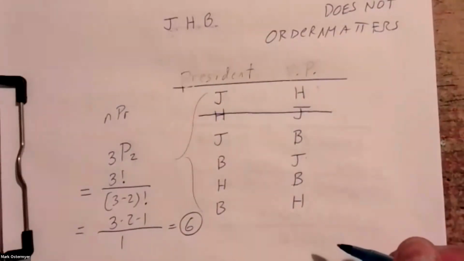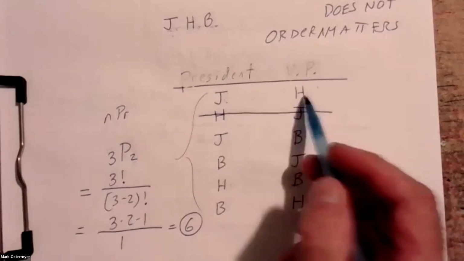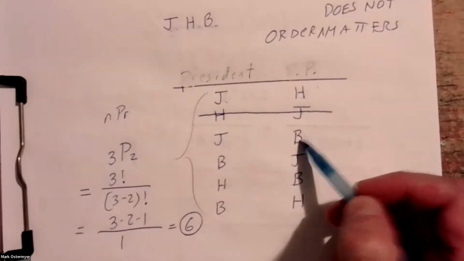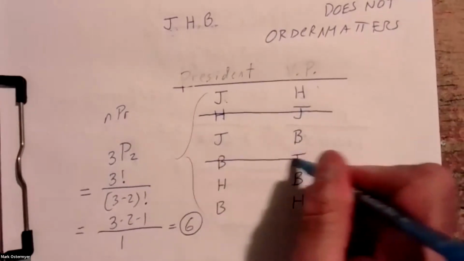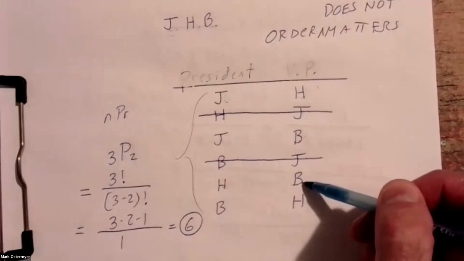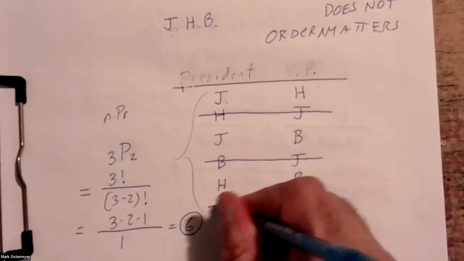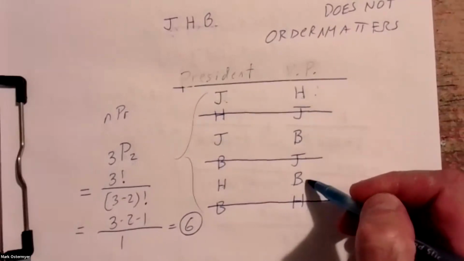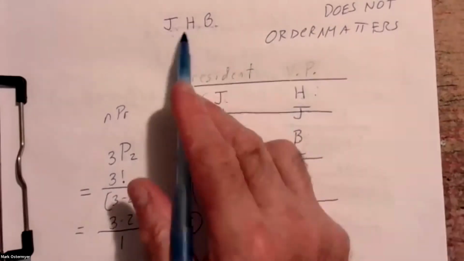That's redundant. That's a repeat. We only count this team once. I can select Jill and Bo, but that's the same as Bo and Jill. Get rid of that. I could select Hector and Bo, but that's the same team as Bo and Hector. Get rid of this. There's only 3 ways of forming a tennis team of size 2 from 3 people if order does not matter.